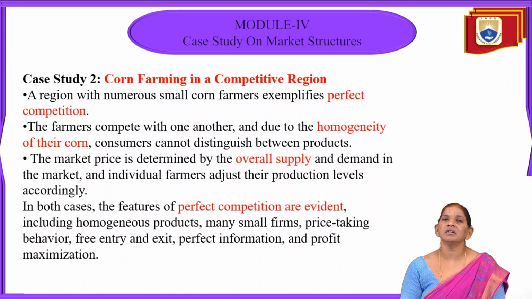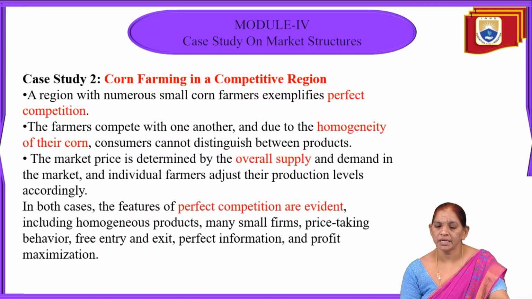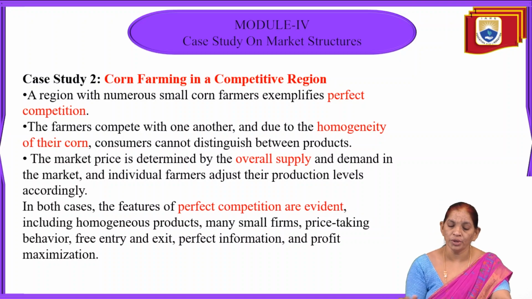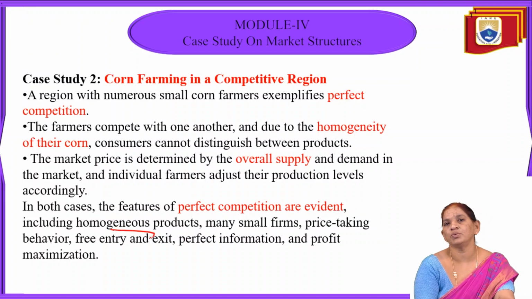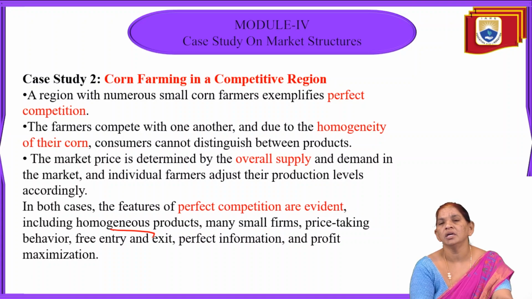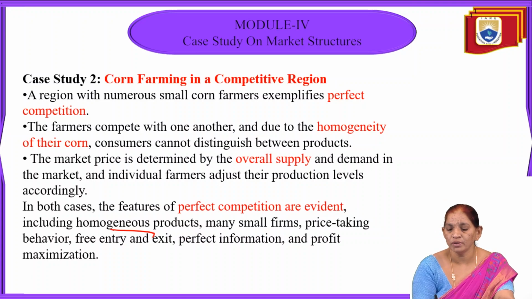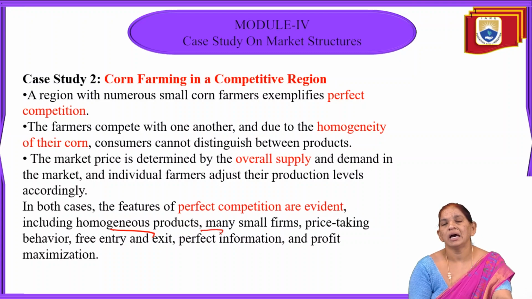By considering the common features of both wheat and corn production, we can analyze these two cases: a small region with wheat producers and, at the same time, a competitive perfect market exemplified by corn farming. In both cases, the features of perfect competition are evident, including homogeneity, where whatever they produce is equal in quantity, type and size, and many firms are present in the market.